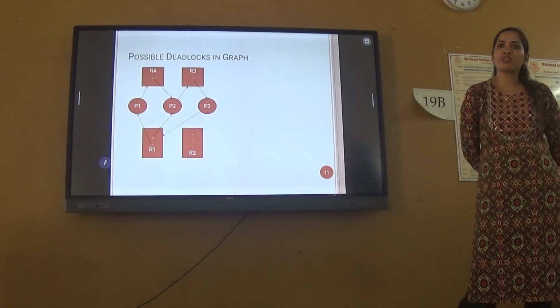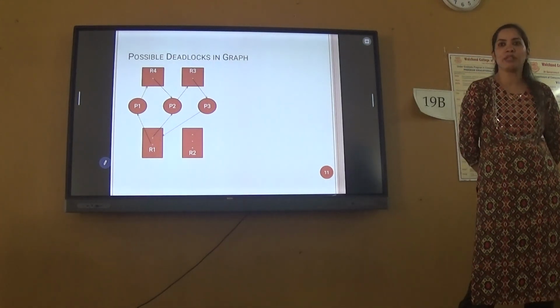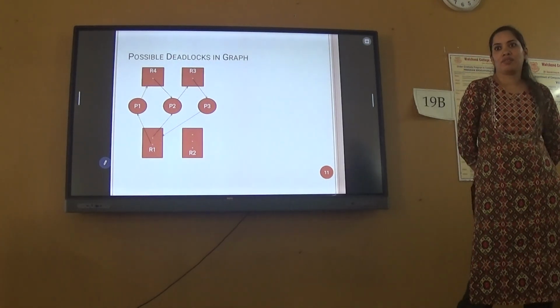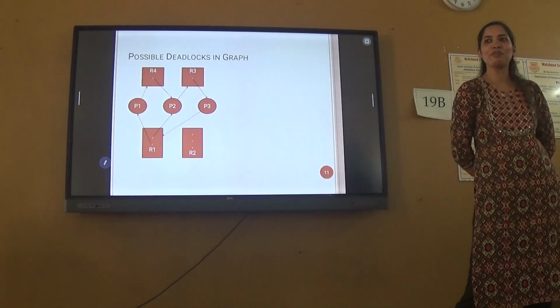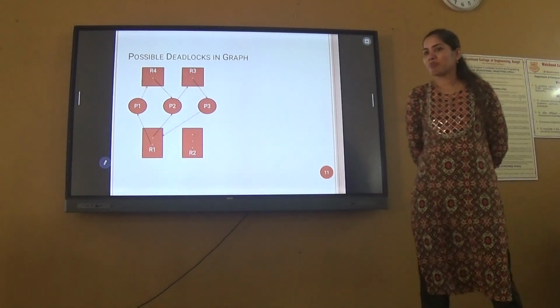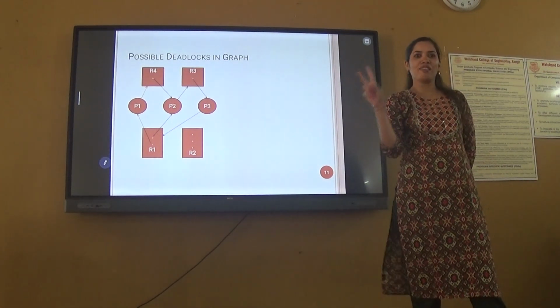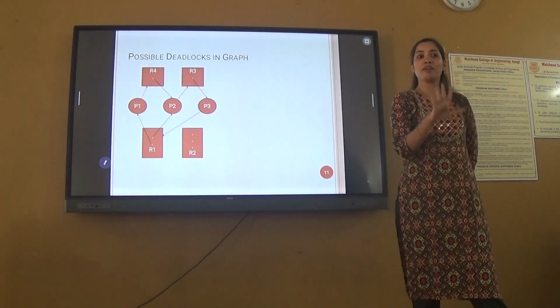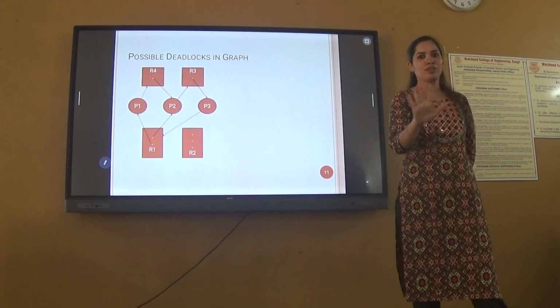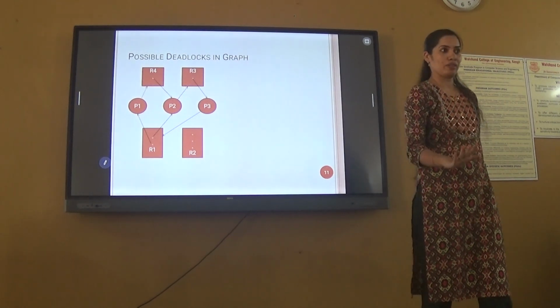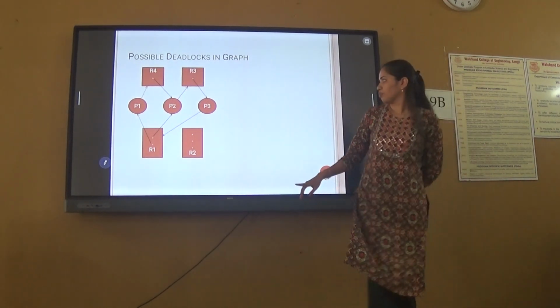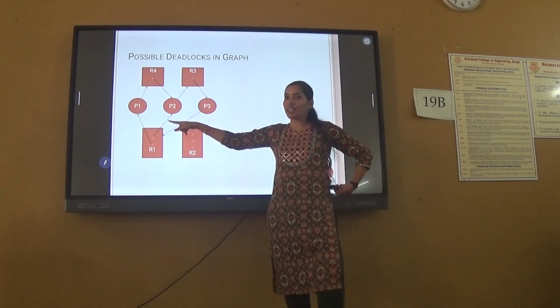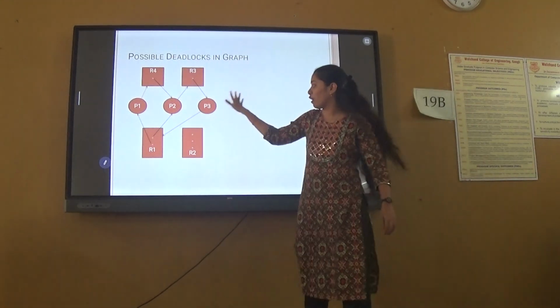So 2 instances and 2 cycles means there could be a deadlock. With 1 instance and 1 cycle, deadlock. With 5 instances and 1 cycle, no chance of deadlock. Likewise, even if you see a cycle, there may not be a deadlock.